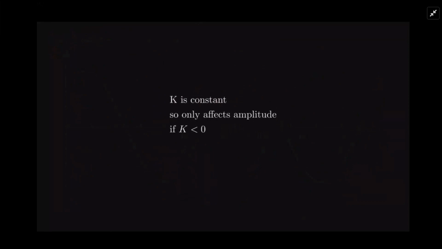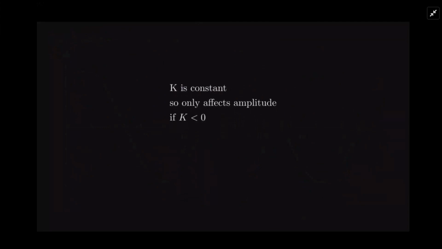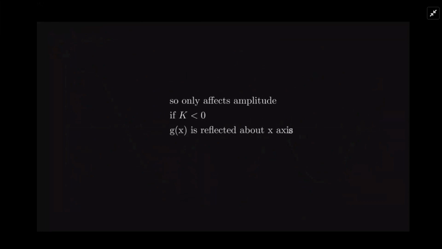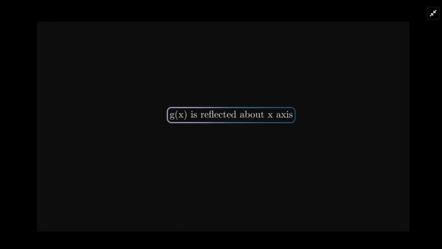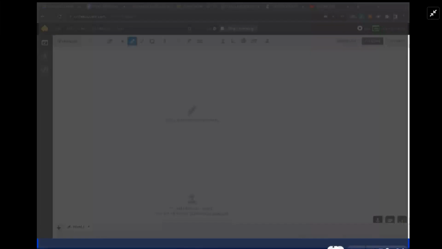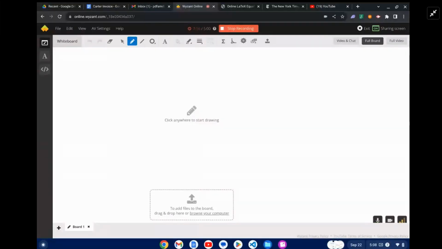So if k is less than 0, that constant is less than 0, it's reflected. It's a negative amplitude. And I think that basically is it. So I recommend going to Desmos as a good way to get intuition for this. Hope that was helpful.